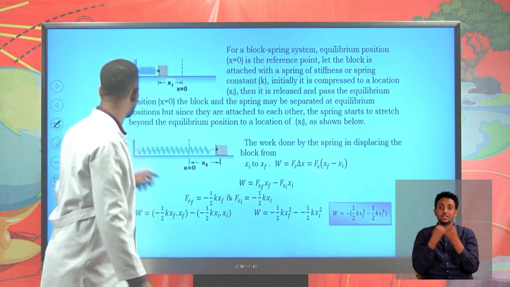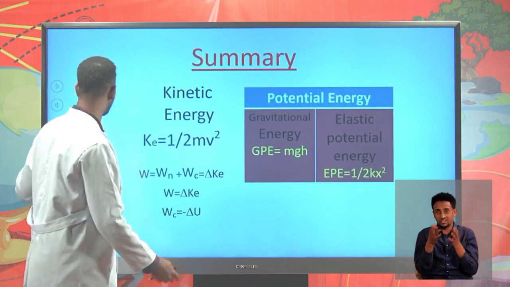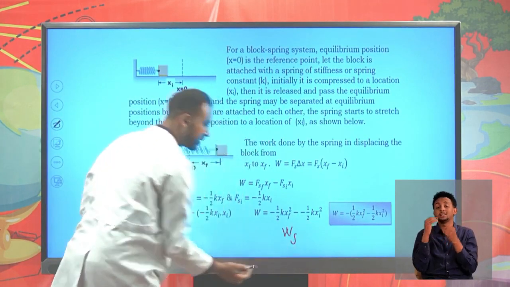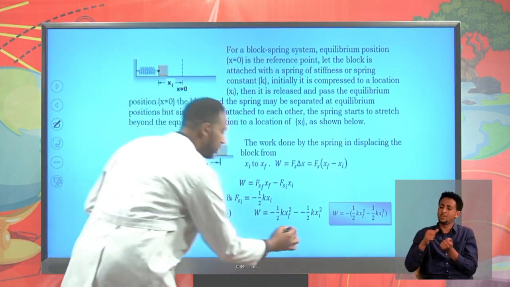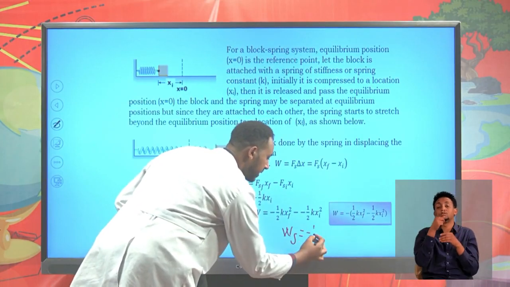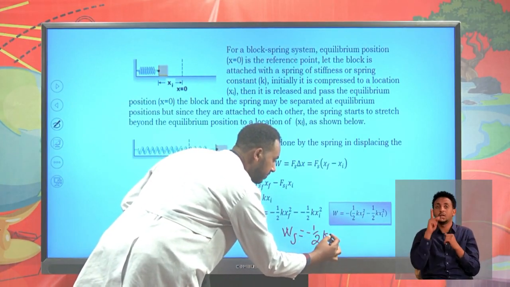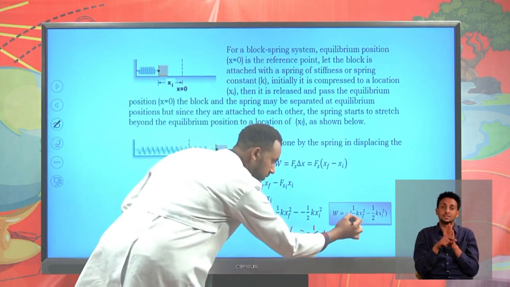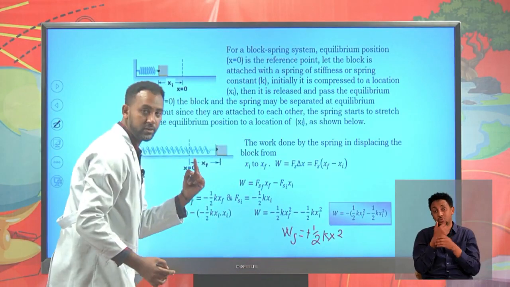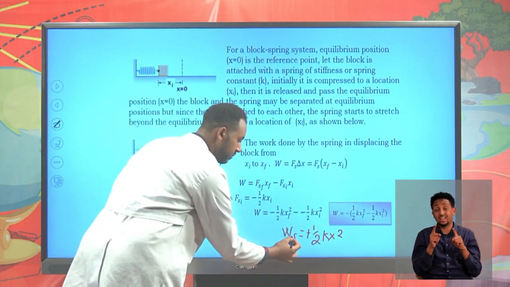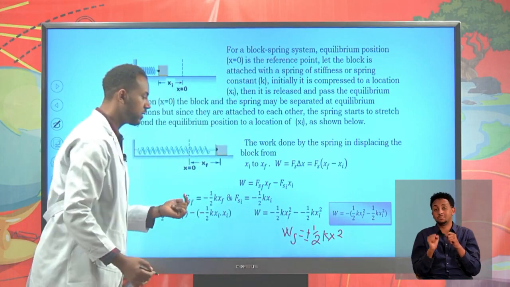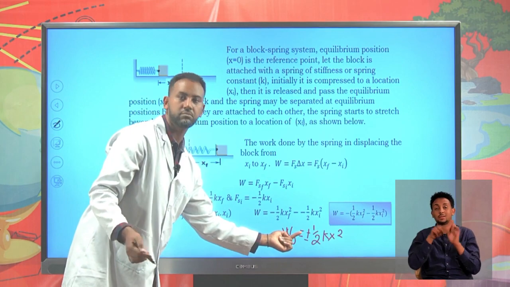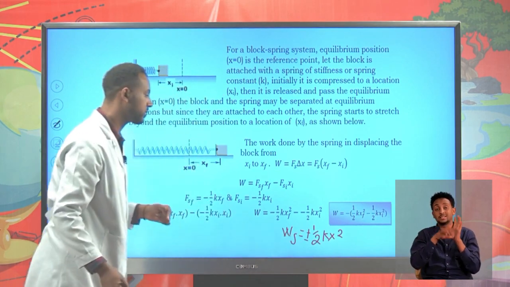Elastic potential energy is mathematically given as one half. Here you have the work done by the spring. Work done by a spring or any other elastic material can generally be given as minus 1/2 kx squared. Actually, for this case it's not minus. Previously we saw that work done by the spring can be given as plus or minus 1/2 kx squared.